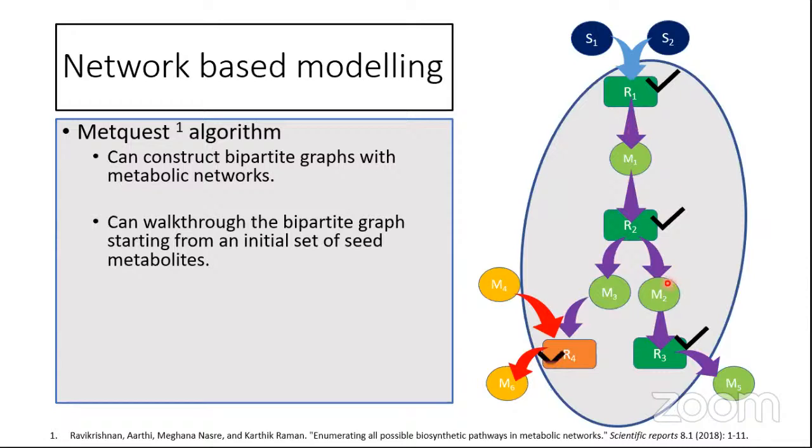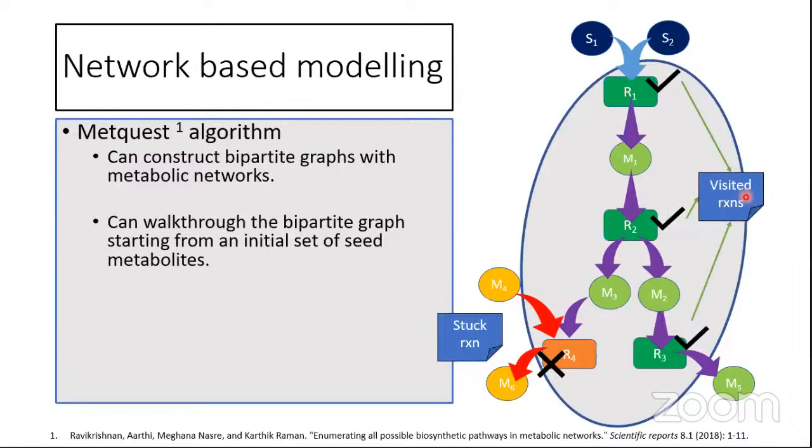But when it comes to reaction R4, the metabolite M4 is not present, hence this reaction cannot be executed. The reactions that are executed are considered visited reactions. The reactions that could not be executed come under a list called stuck reactions.